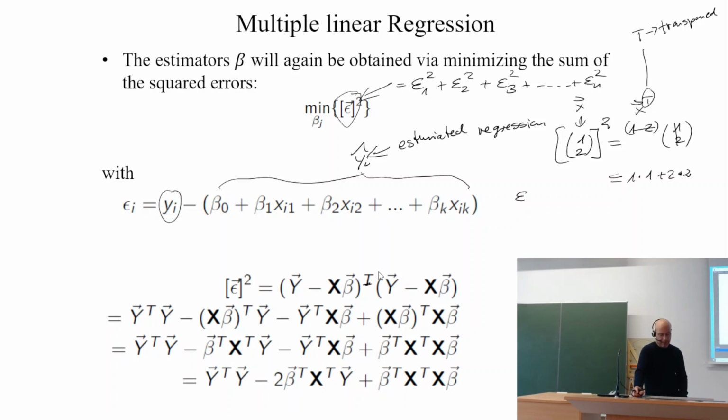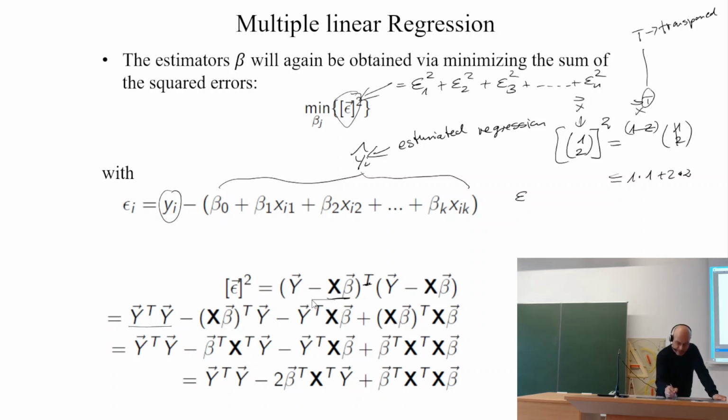Well, and then you have to know some rules for how to multiply, now not just numbers, but vectors and matrices. The first one is then just y^T times y, then the first component here, and this is then (x beta)^T times y, then the other way around.